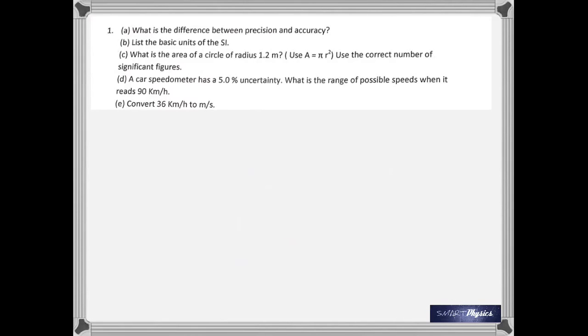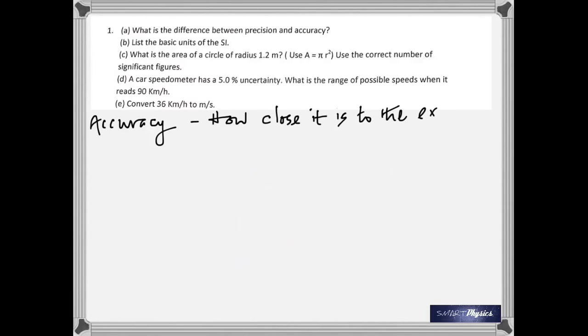Question 1, what's the difference between precision and accuracy? Accuracy is how close you get to the true answer or to the expected answer, how close you are to the bullseye.